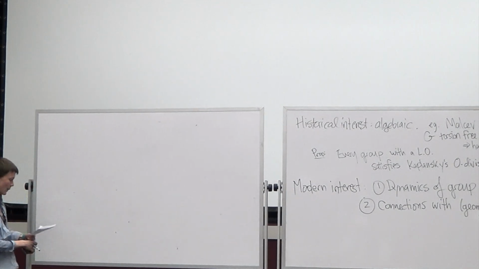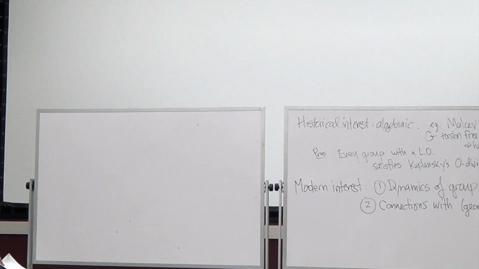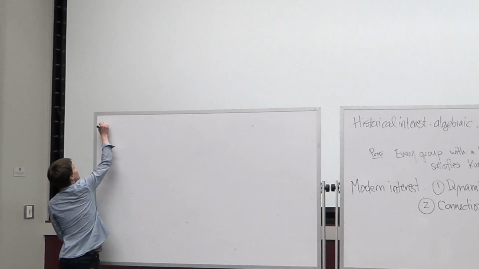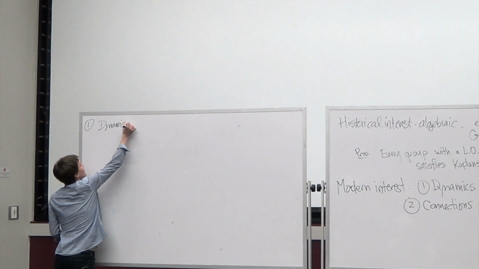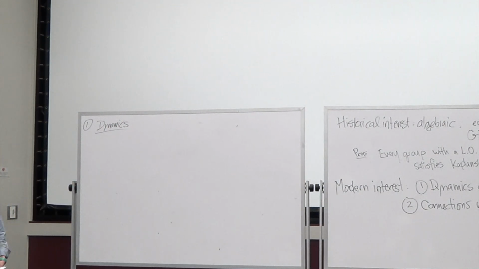Dynamics. Okay, what is dynamics? Let me give you my favorite definition of dynamics, which I believe comes from John Milnor. What is the study of dynamical systems, very broadly speaking?